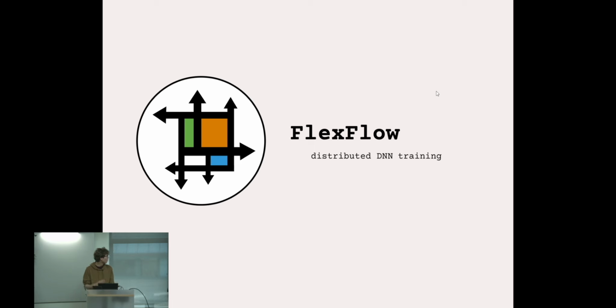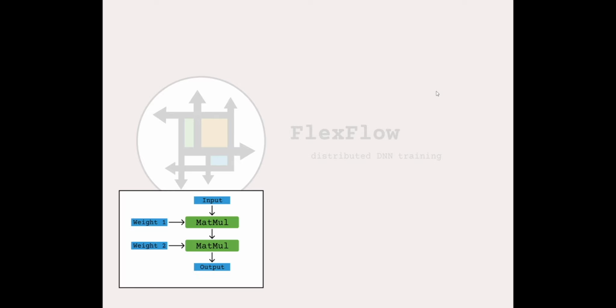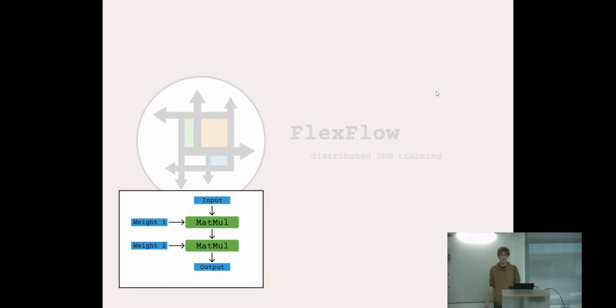To better understand the challenges of distributed DNN training and why something like FlexFlow would be helpful, let's walk through a couple of basic examples. Let's say I've got a simple model like this. I take in some input tensor, say a batch of images, some MNIST batch of images.